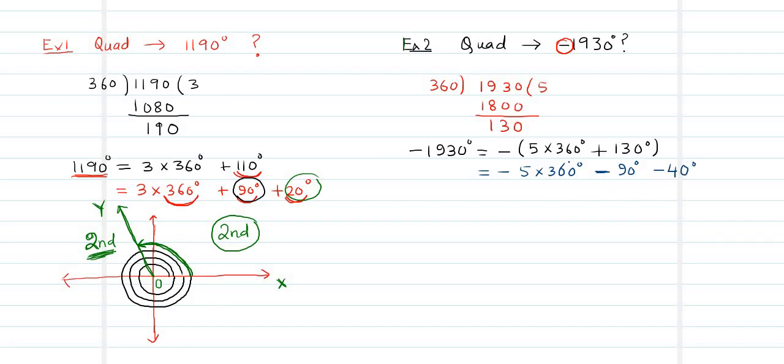So what is the meaning of this? 5 times 360 degree, then 90 degree, then 40 degree, and all these rotations are in the clockwise sense because the angle itself is negative.